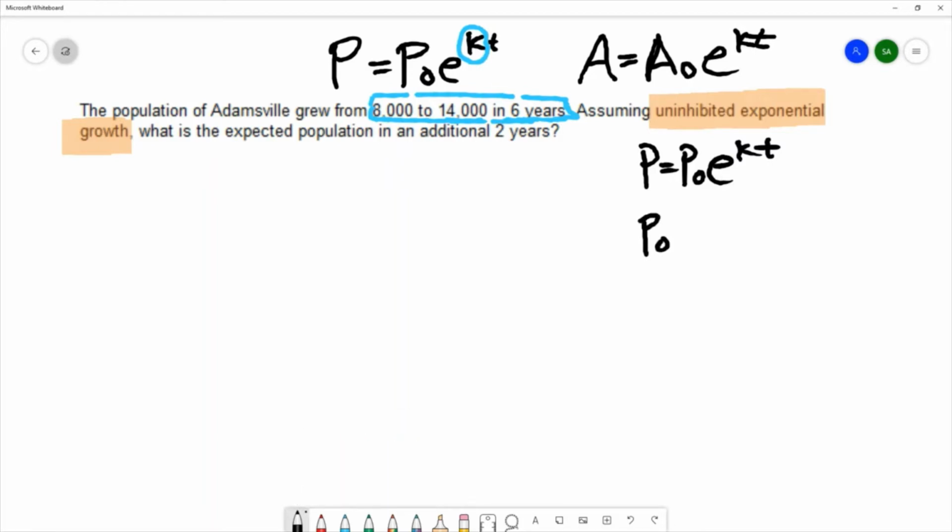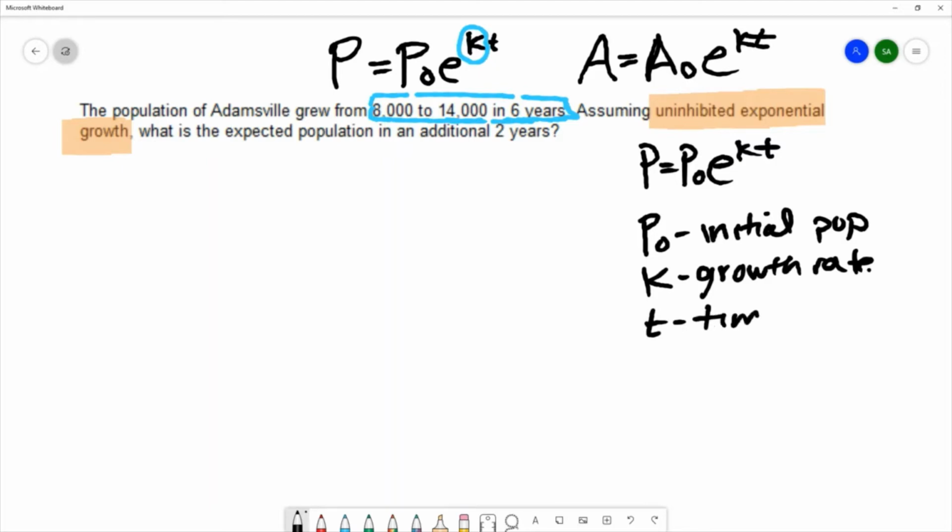K is our growth rate. T is time. And then P would be our ending population, or population after time.